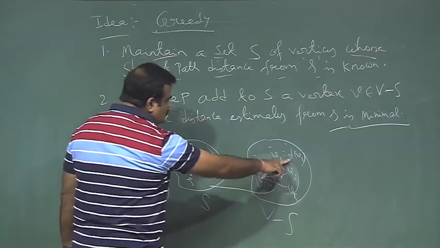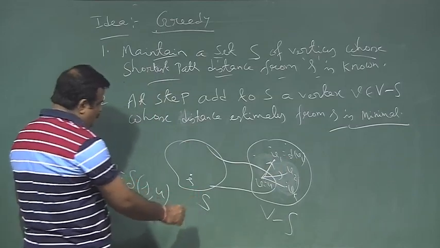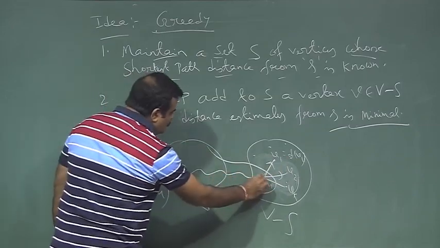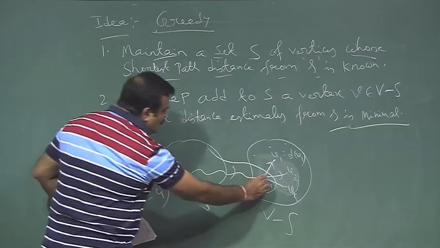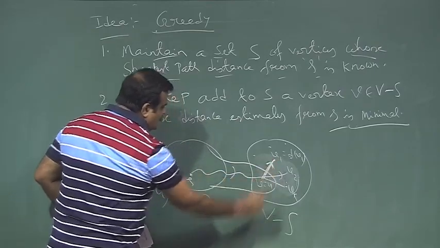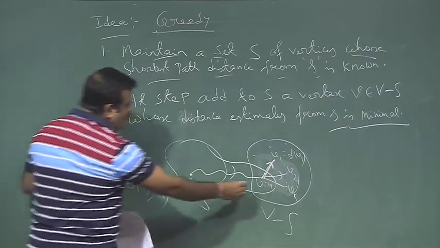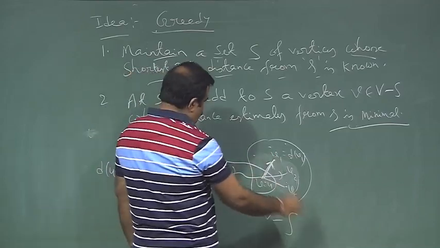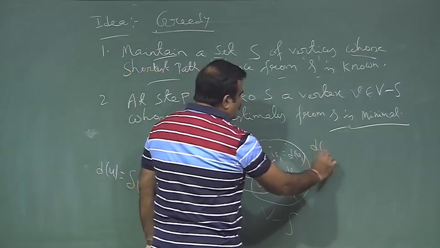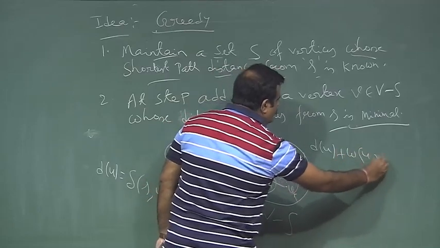This vertex, V1, was having one distance estimate. Now we have a path from S to U with d of U, and then this direct edge. So the weight of this new path from S to V1 is d of U plus W of U comma V1.